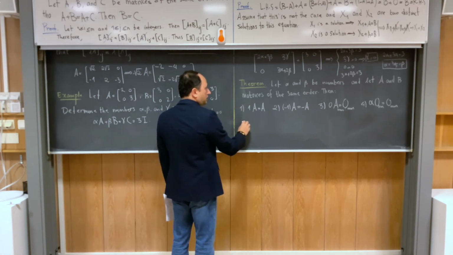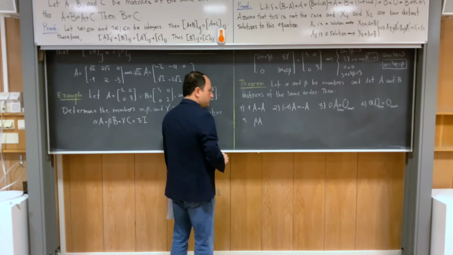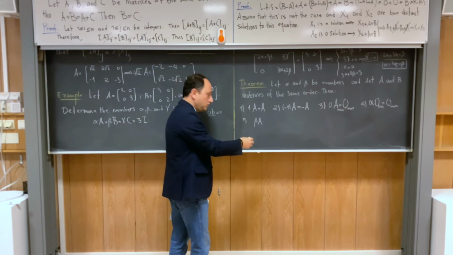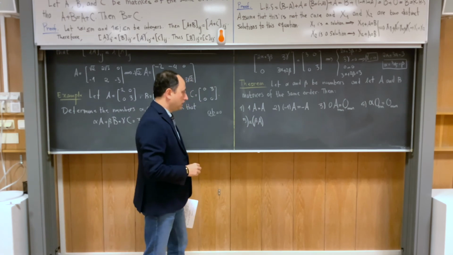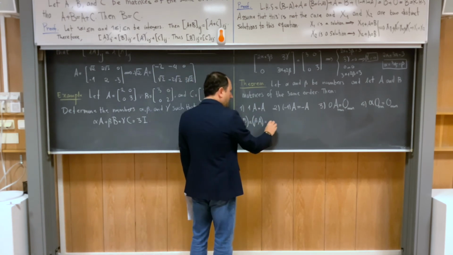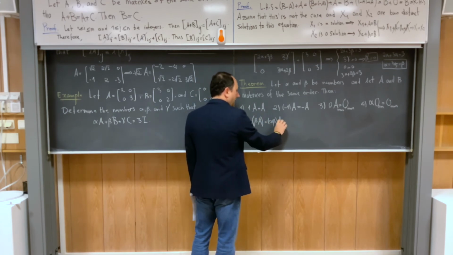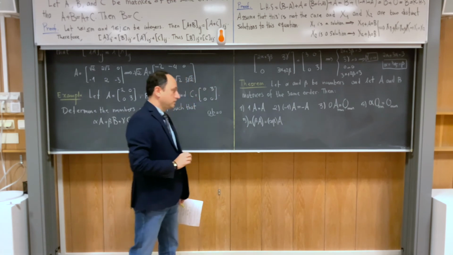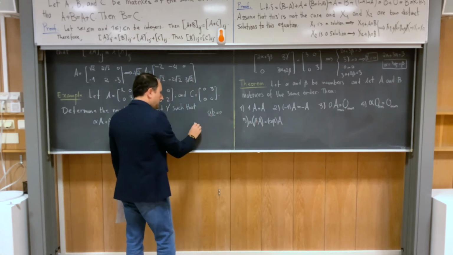So let me write the other one. Number 5, if I have a matrix A, and I multiply it by a number beta to get a new matrix, and then I multiply this by another number alpha, it becomes exactly the same as if I multiply the numbers first and get a new number, and then multiply that new number by the matrix A. In the product of numbers, we see something like this.